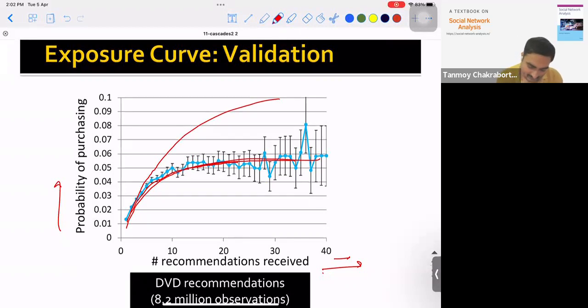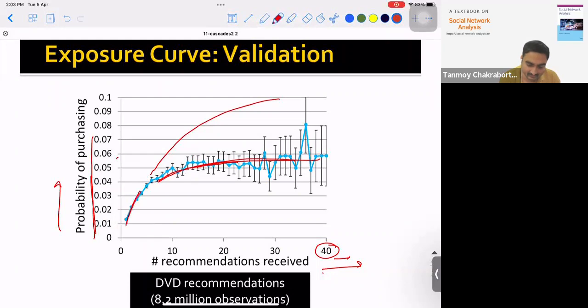And interestingly, if you look at the probability, in fact, with 40 recommendations, the probability is around 0.06, which is very less. This is interesting. What it is saying is that initially the growth is significant, right?